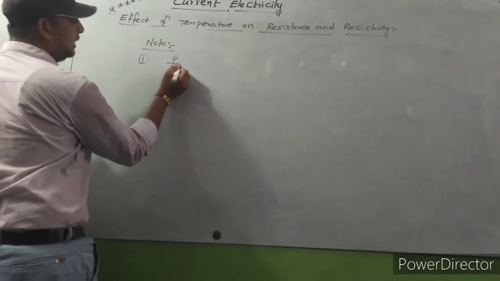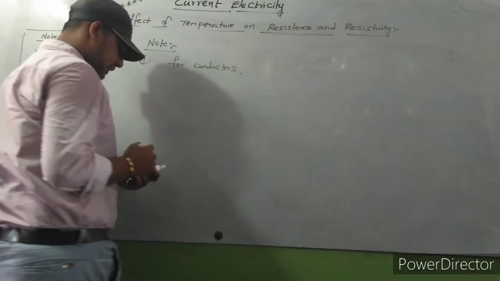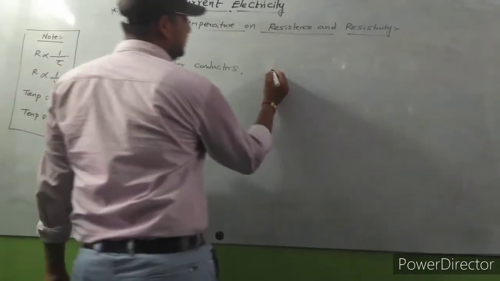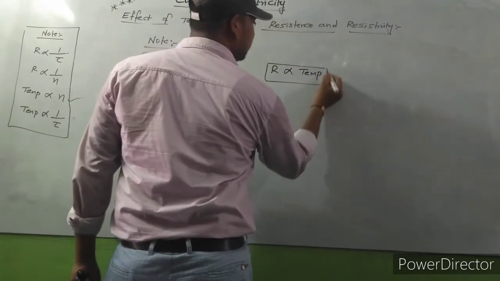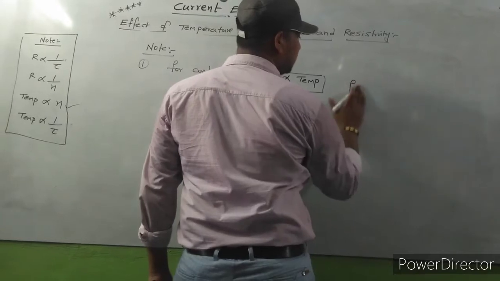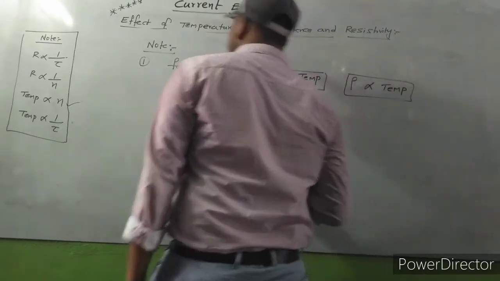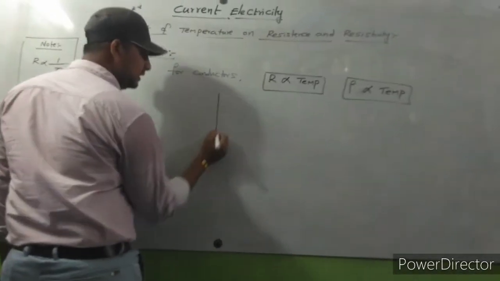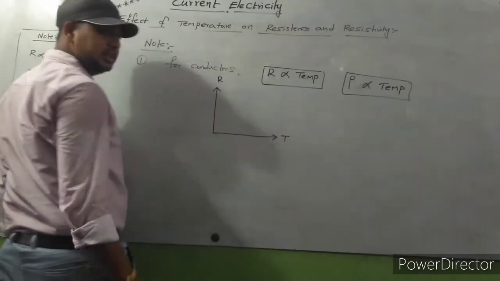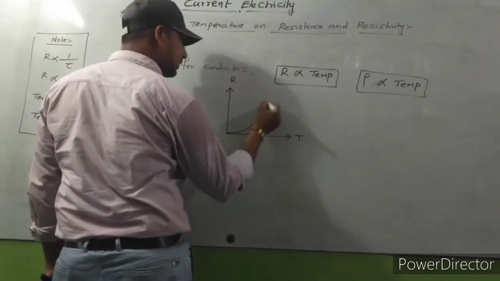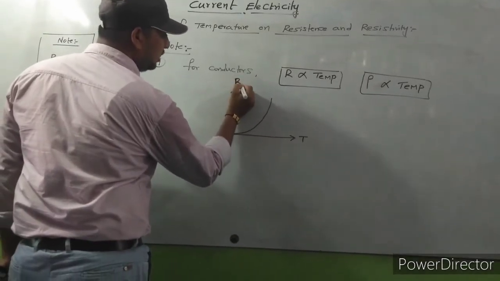First, for conductors, resistance is directly proportional to temperature, and resistivity is directly proportional to temperature. That means, with resistance on this axis and temperature on this axis, the graph will be drawn like this. This is the resistance versus temperature graph for conductors.